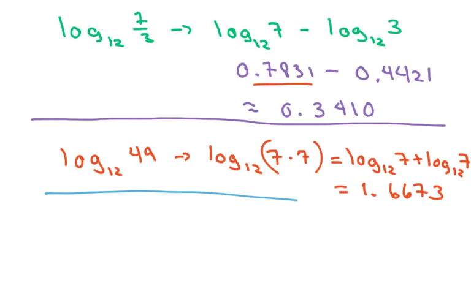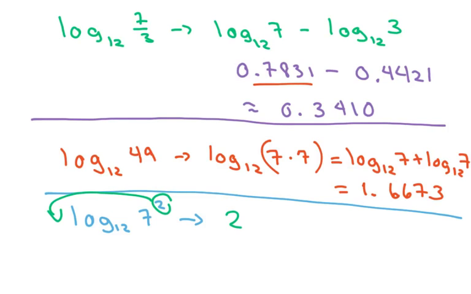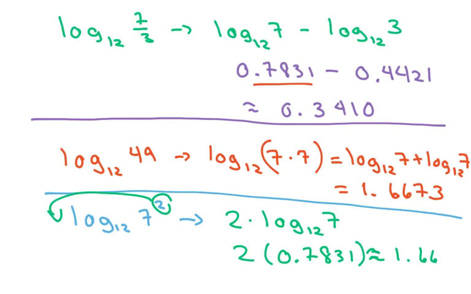What you should do to simplify this is maybe write it this way: 7 squared. Now let's use our power property and pull this 2 in front. So you get 2 times log base 12 of 7, which is going to be 2 times 0.7831, which yields approximately the same result. The power property is pretty handy here.